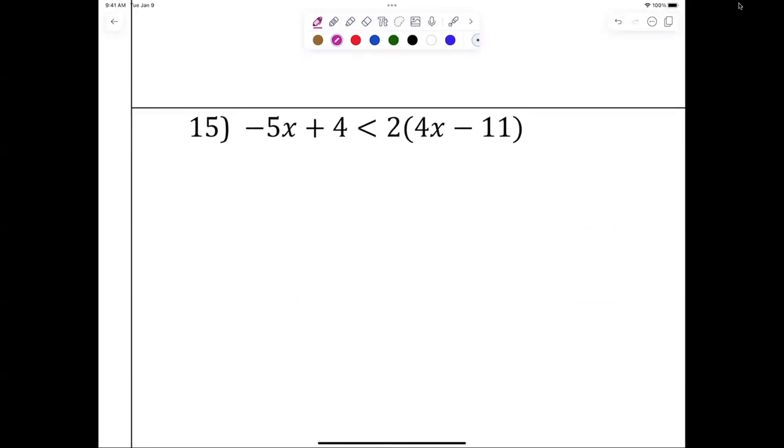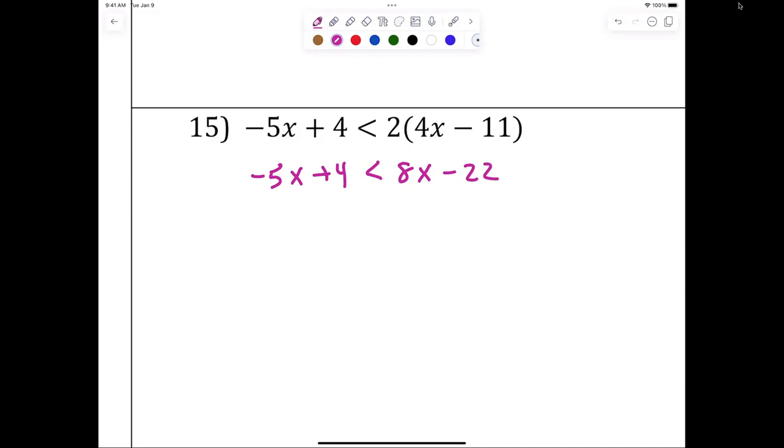All right, distribute. What do we got? 8x minus 22. Negative 5x plus 4. Wow, Palmer, you're in the game today too. Working hard? Feels good, doesn't it? Move the 8x over.